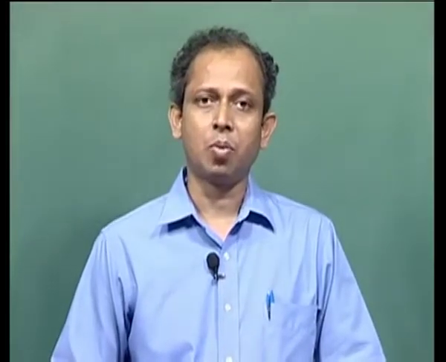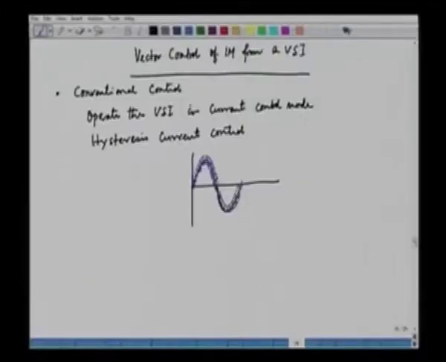Now, if we want to operate the inverter on the constant switching frequency mode, what we do, we operate the inverter not as a current controlled VSI, but as a VSI. So, this is called a current controlled VSI. All right. So, we can go for voltage mode control.